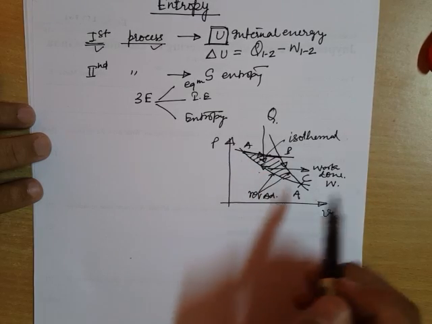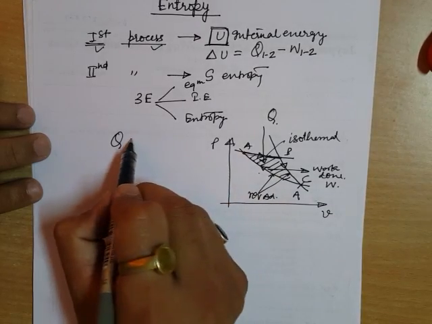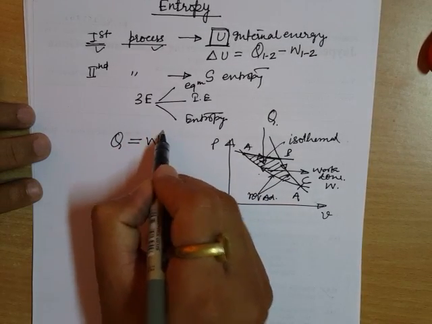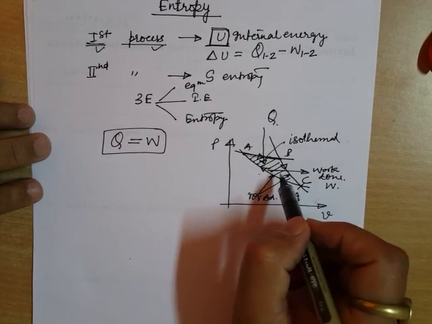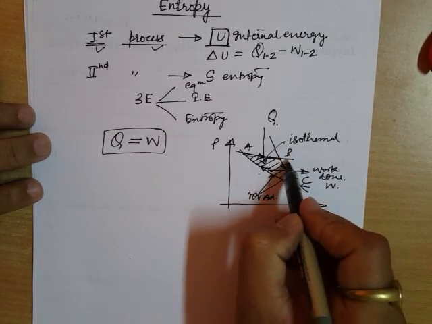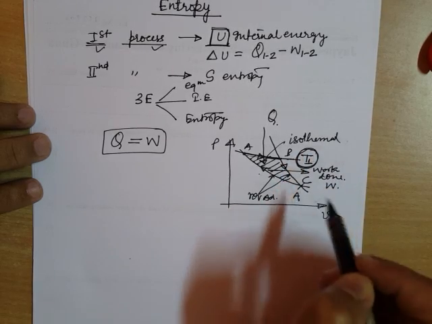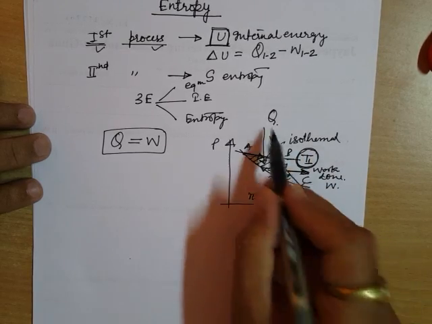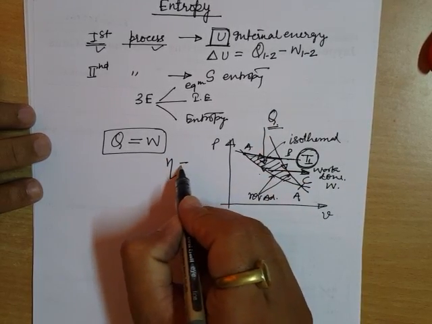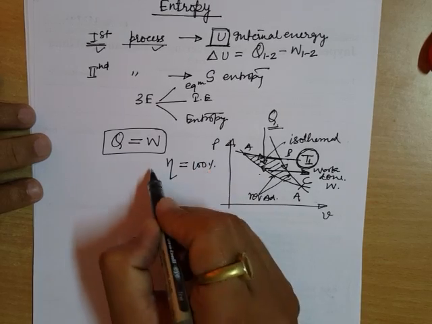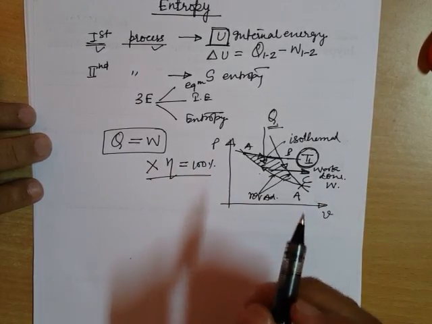If you apply the first law of thermodynamics to this cycle, you will get the heat transfer in the isothermal process equal to W. That means you are forming an engine interacting with only a single thermal energy reservoir, and in turn it is developing work equal to the amount of heat transfer. That means you are forming an engine whose efficiency is 100%, which is a violation of the Kelvin-Planck statement, hence not possible. Hence, what is not possible?